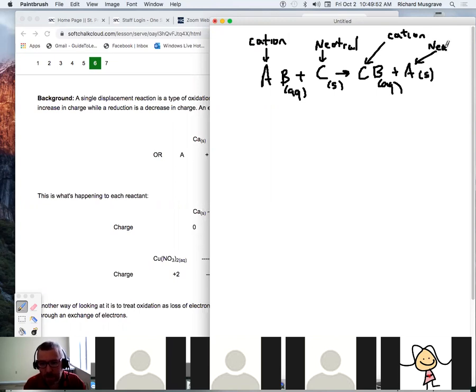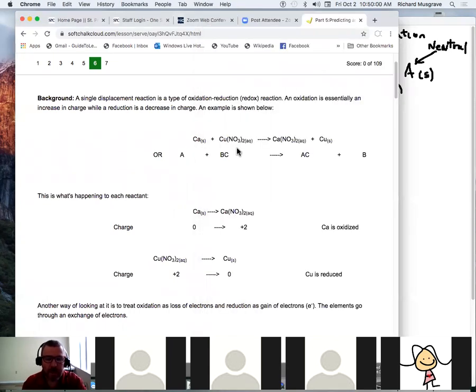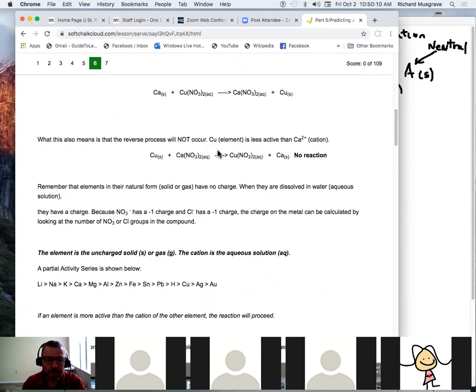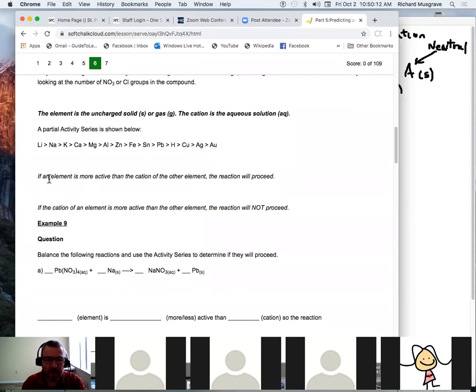All I want you to be able to do at this point is look at the compounds on the reactant side, like we have here, and just be able to determine which one is neutral and which one's the cation. So you can see the solid is always neutral and the one that's aqueous is always going to be the cation. From there, then we can more easily understand what this statement means here.